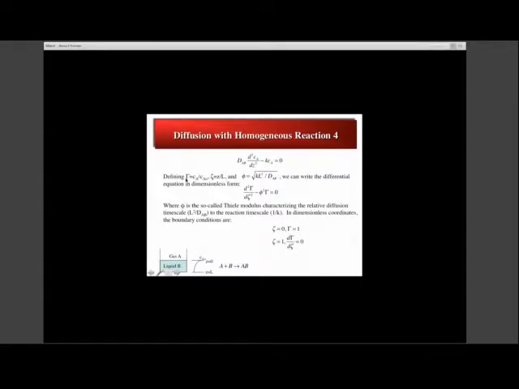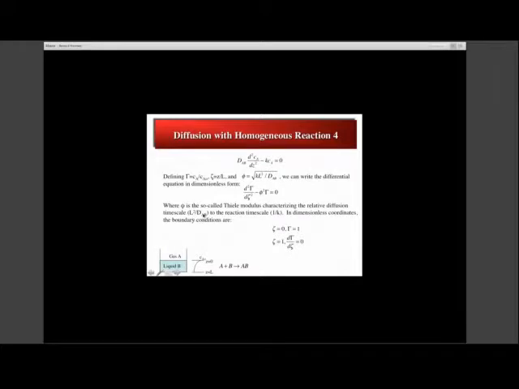And if you put those variables into the differential equation, you'll have a dimensionless number that falls out of this, which we'll call phi, and the resulting differential equation is written as shown in the middle of the page. Phi then is the so-called Thiele modulus, and it characterizes the relative diffusion time scale to the reaction time scale in this liquid system.